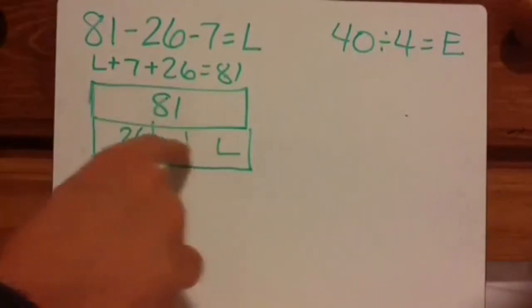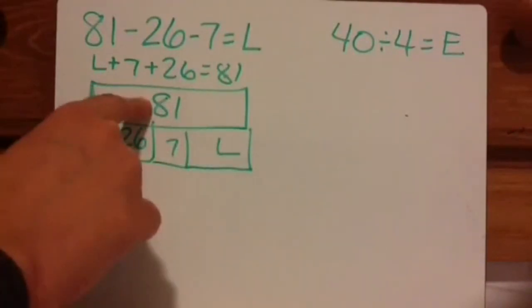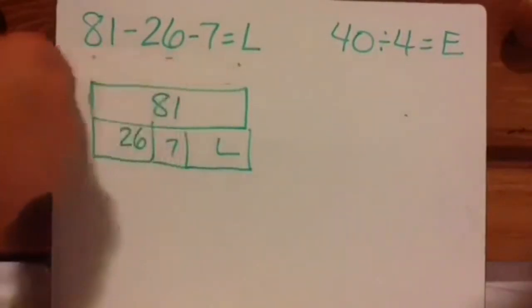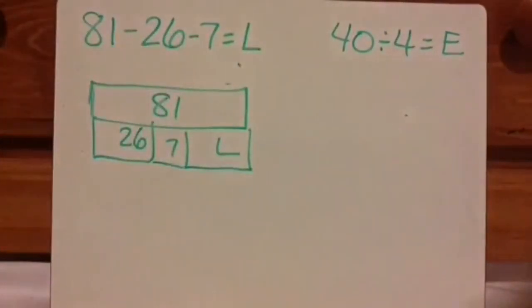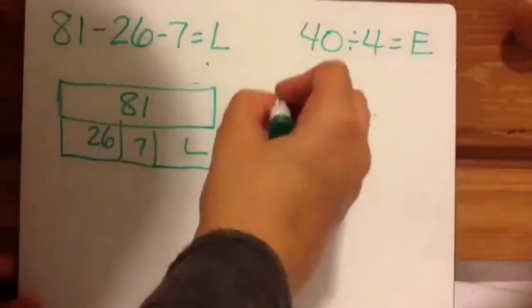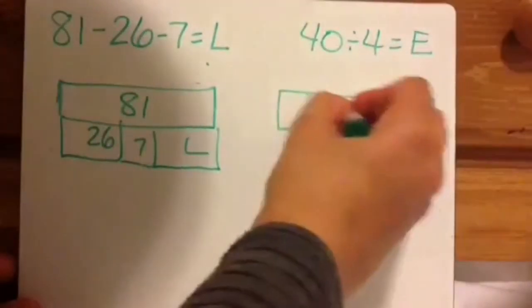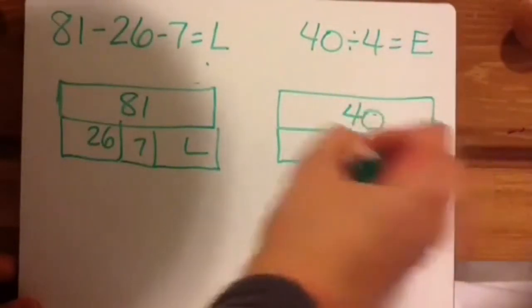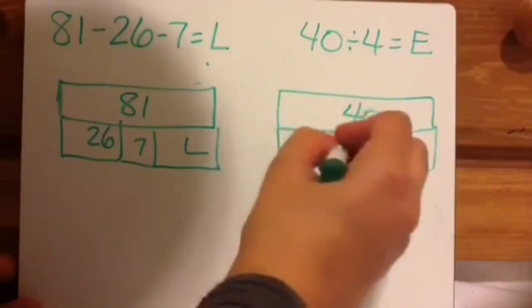So L plus 7 plus 26 equals 81. So a subtraction representation looks like an addition representation, in the sense that we have the total already. They're just flip-flopped. And then division, it's the same thing. You start with a total, and you have 4 groups, and you want to know how much in each group.